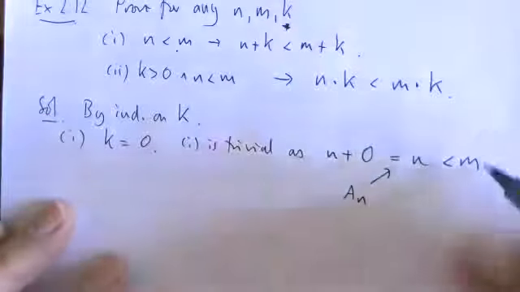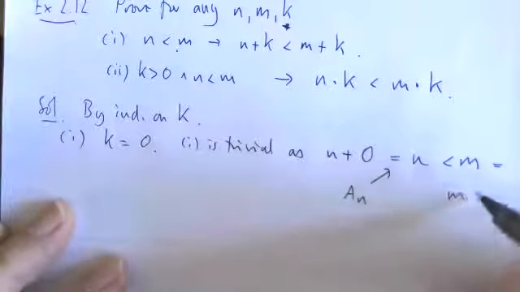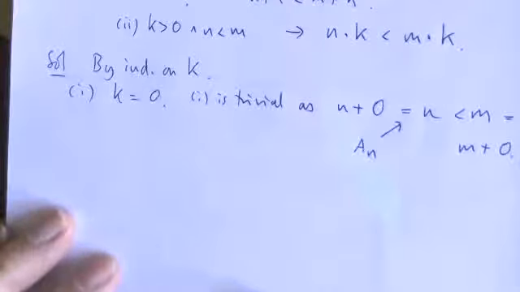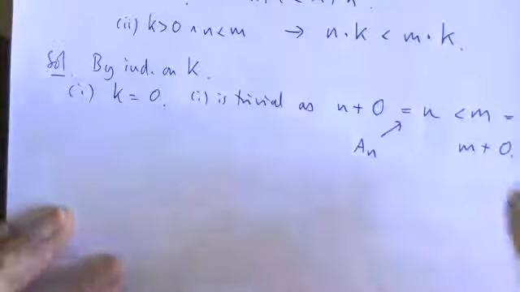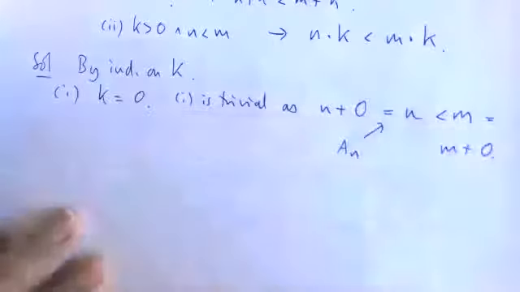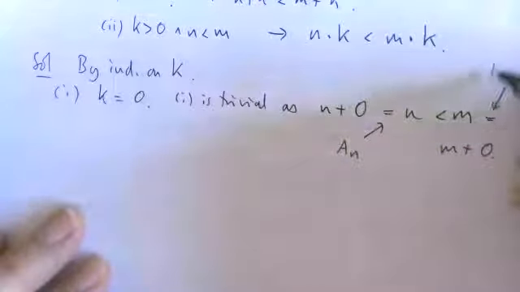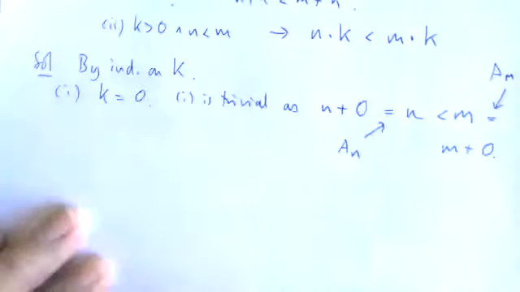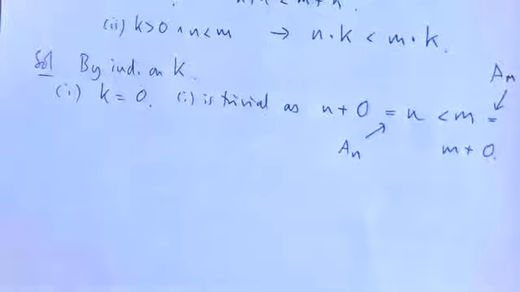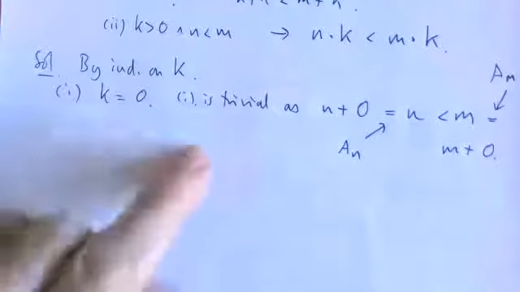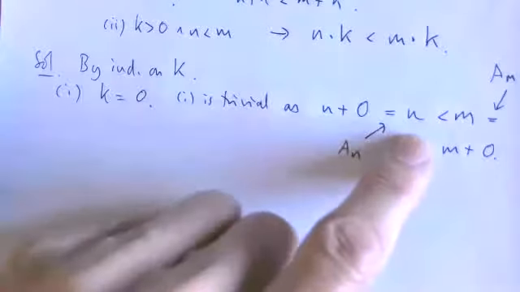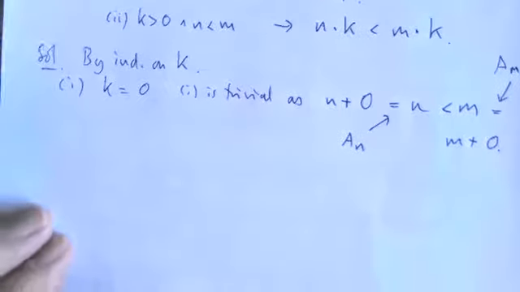But m is also m plus 0, and again, if pressed, I would say this is because of the definition of addition. But I think for an answer, you could just say it's trivial. n plus 0 equals n is less than m equals m plus 0.